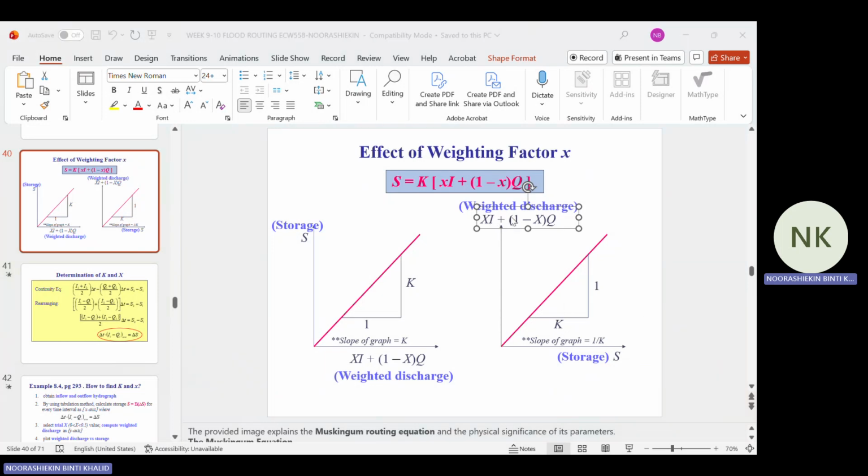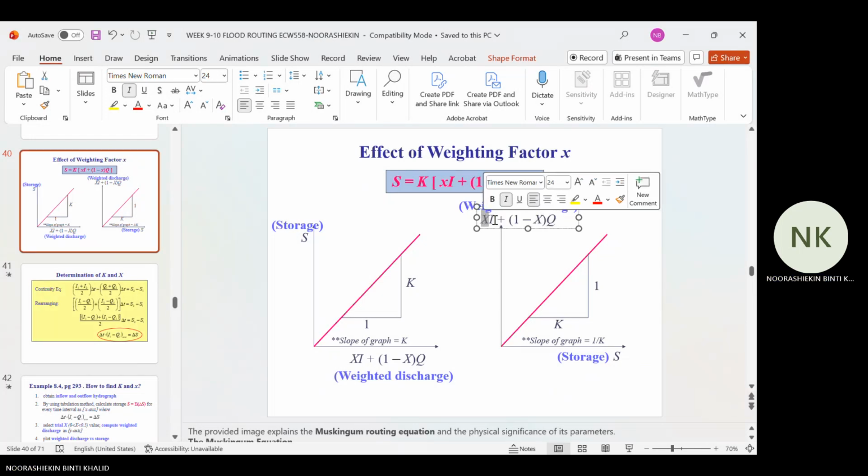So we have to try a series of trial values of X. We have I, we have Q numbers. Okay, right. So we try.